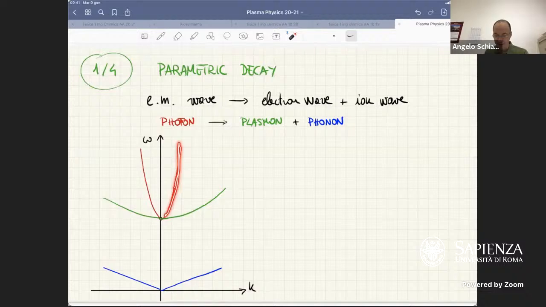And let's suppose the incoming is a progressive wave. So we have to find a point on this branch. And then we have to mix a point on a plasmon and on the photon dispersion line in order to match our incoming initial particle.